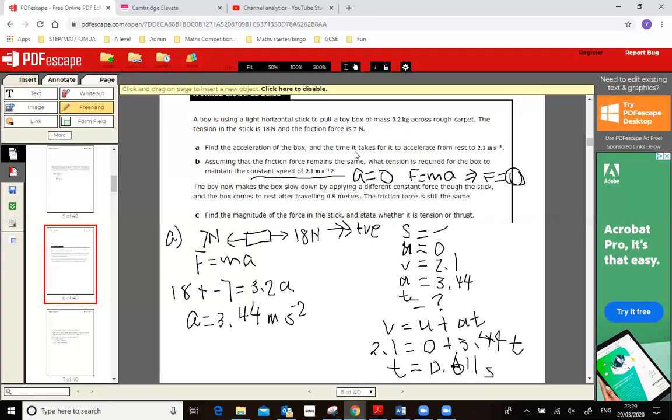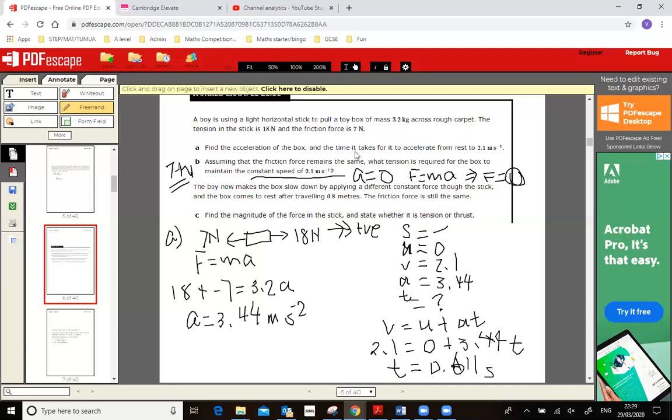So if we have 7 Newton acting towards the left side, for the overall force to be 0, we must have a 7 Newton pulling towards the right-hand side. Hence, the answer for part B, what tension is required: the tension will have to equal 7 Newton. So the answer is 7 Newton for part B.